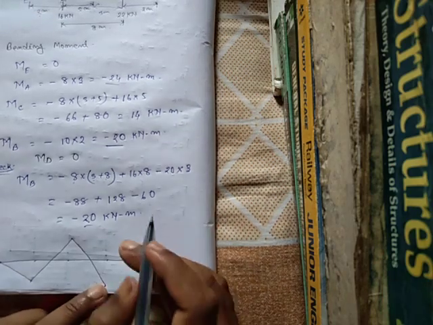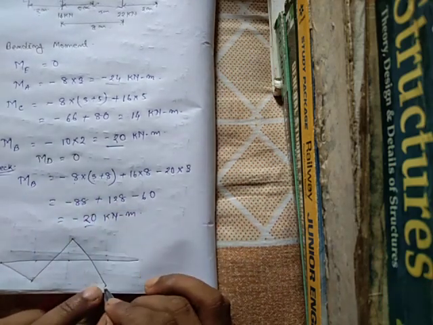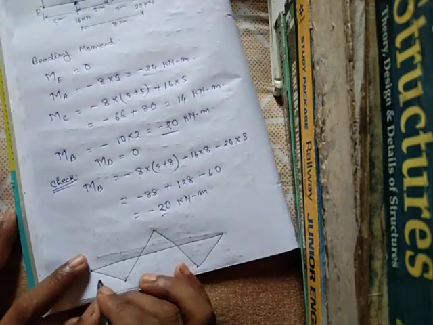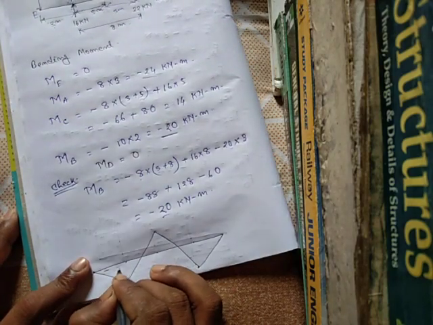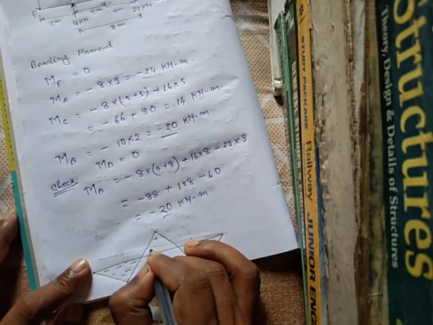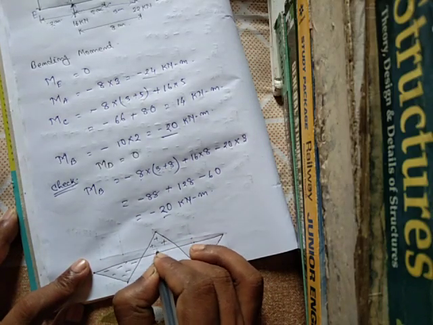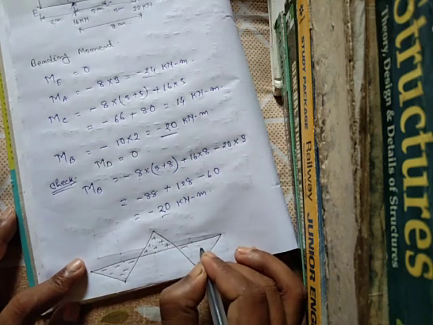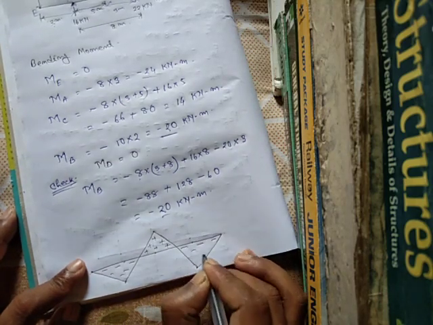And bending moment at point D is 0. This is a negative bending moment. This is positive. And this is also negative.